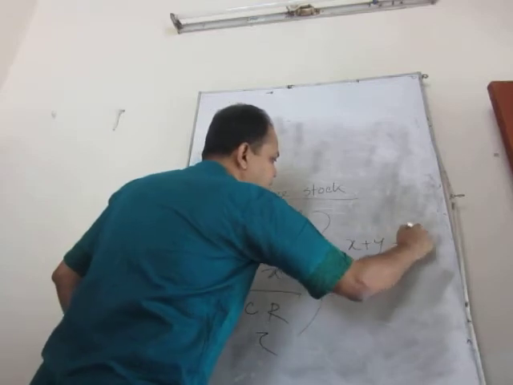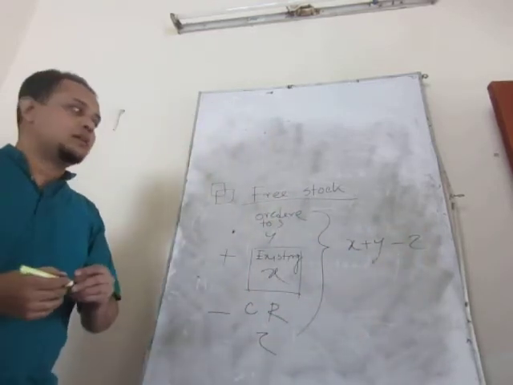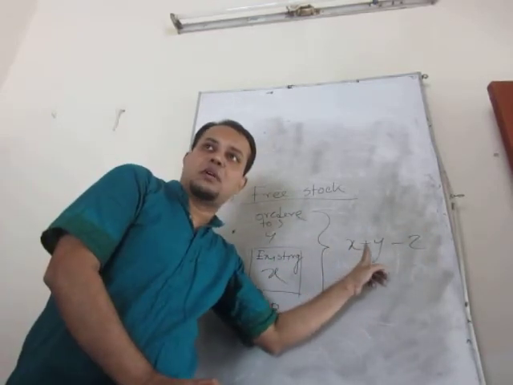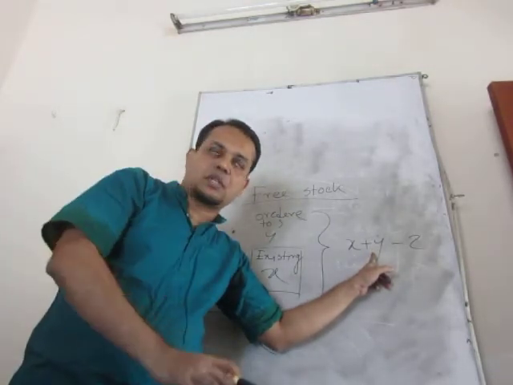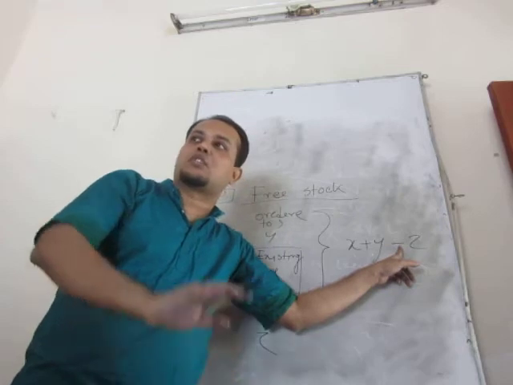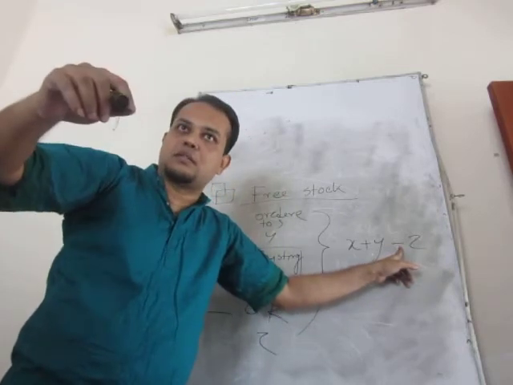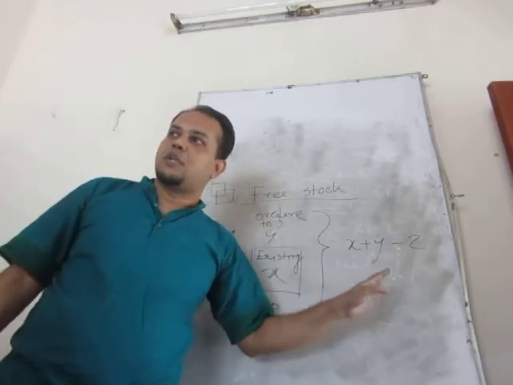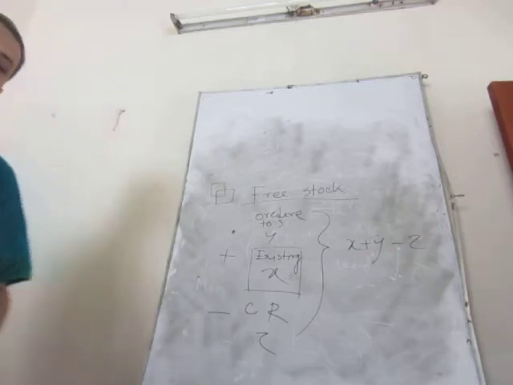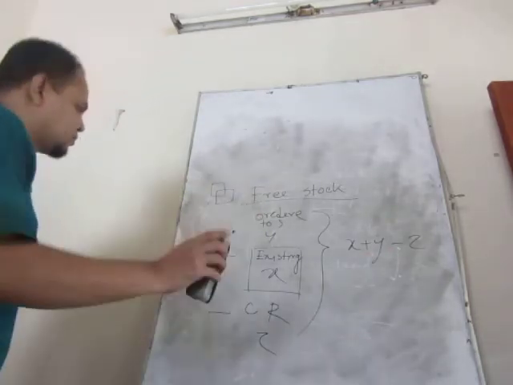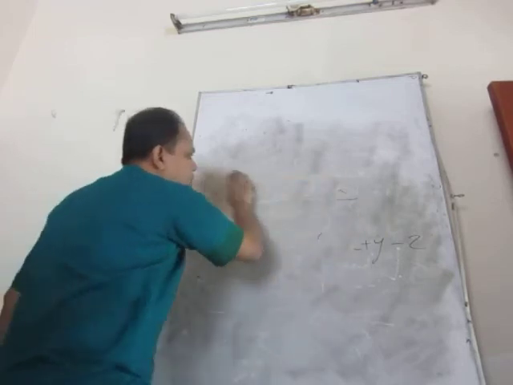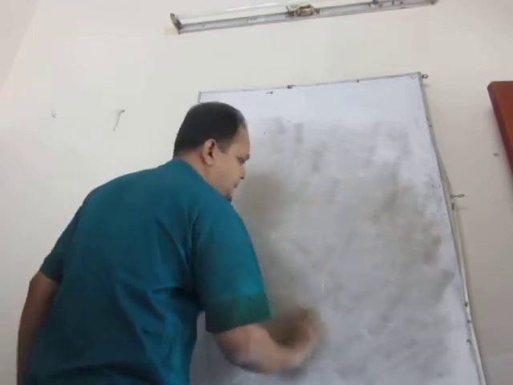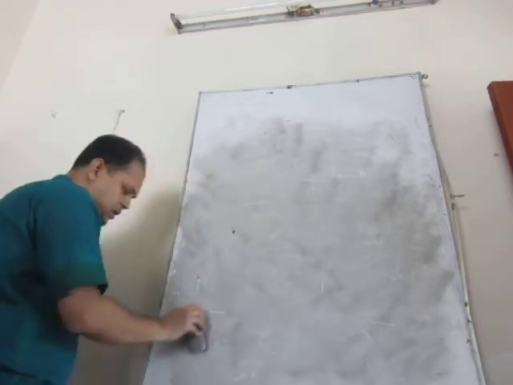X plus Y minus Z. Existing stock plus stock ordered from the supplier that has still not come, less customer requisition still not provided. Clear? It will provide you the free inventory.